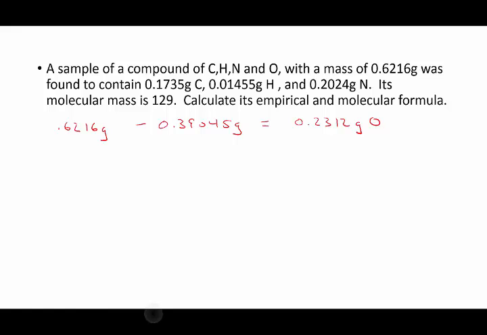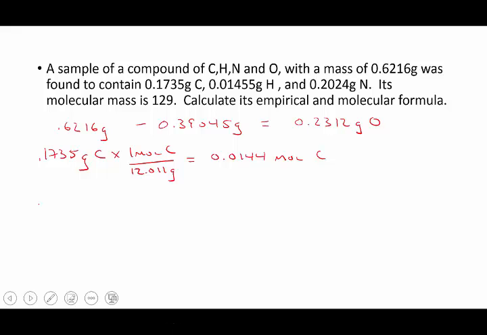So starting off with the carbon, the 0.1735 grams of carbon times the fact that 1 mole of carbon is 12.011 grams. When I did this division, I got 0.0144 moles of carbon. Doing the same thing for the hydrogen, given 0.01455 grams of hydrogen, multiplying that by the fact that 1 mole of hydrogen is 1.077 grams of hydrogen.